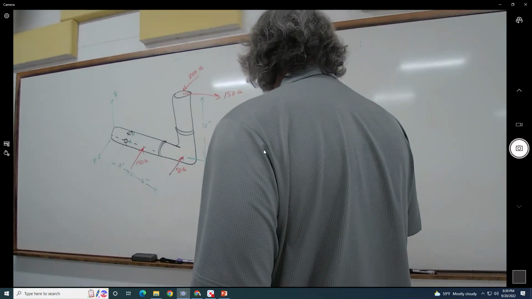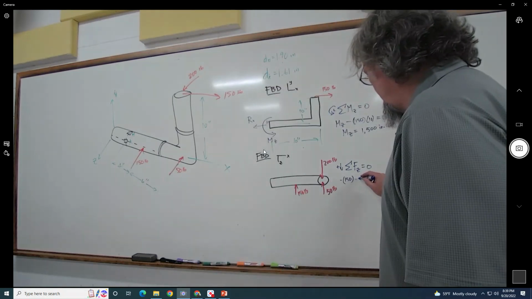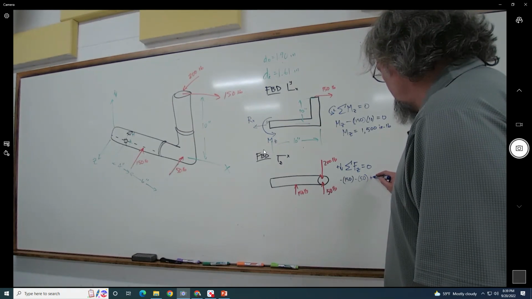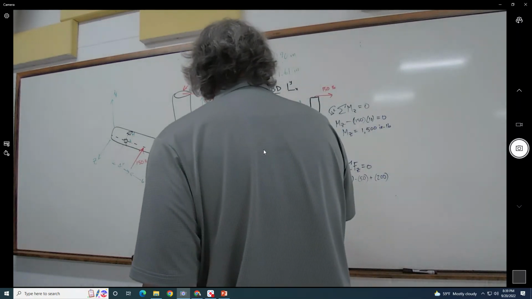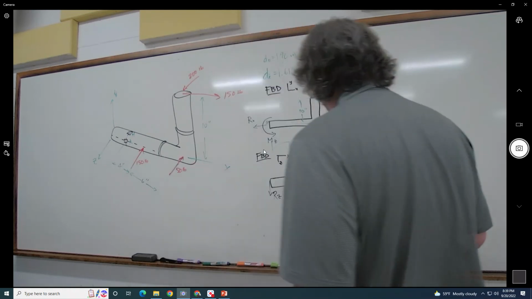So you go negative 150, then negative 50, and then positive 200, and we should draw in the positive direction. If you don't know something, pick the positive direction.